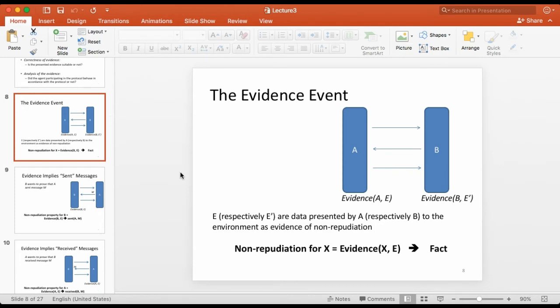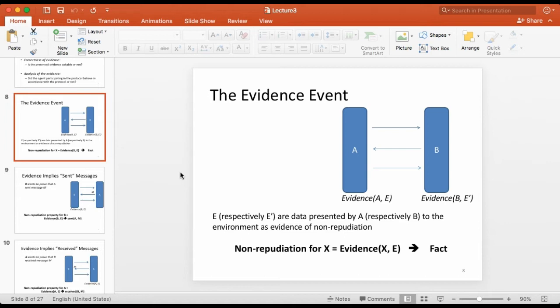Now, in formalizing this, or putting this into more concrete terms, we define something called the evidence event. Essentially, these are markers, certain events that we insert in the definition of the protocol, just so that we know at which point we are talking about the evidence.